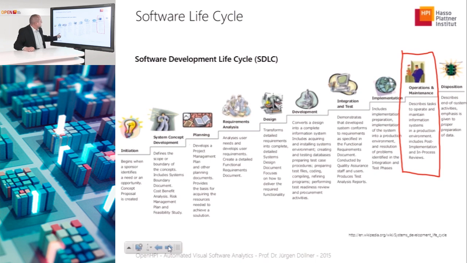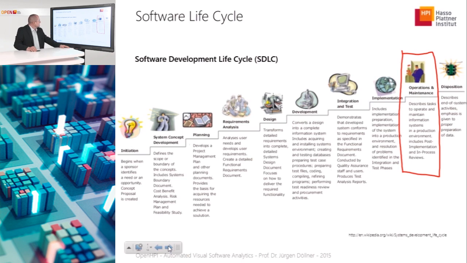So while these are the stages done in the beginning of a system very intensively, somehow maintenance hides the fact that during maintenance all these stages are repeated and repeated, because maintenance means that the system evolves, and evolution means that it's extended.